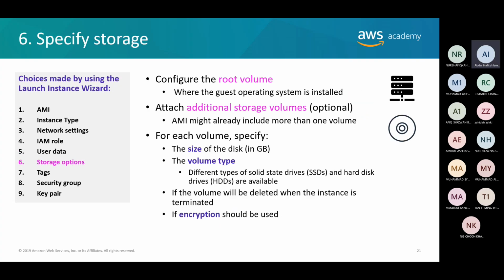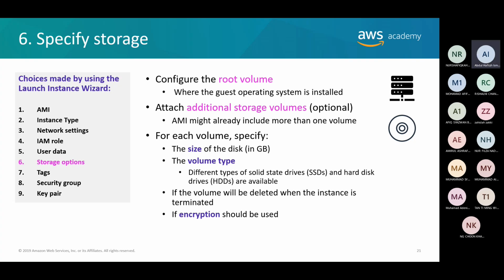So when you launch an EC2 instance, you can configure storage options. For example, you can configure the size of the root volume where the guest operating system is installed. You can also attach additional storage volumes when you launch the instance.